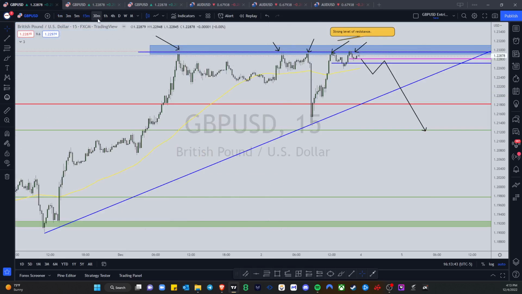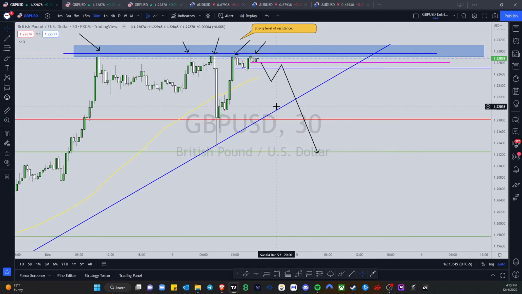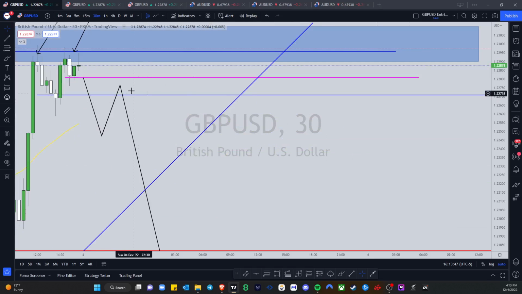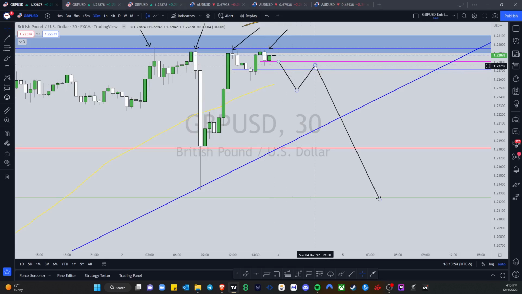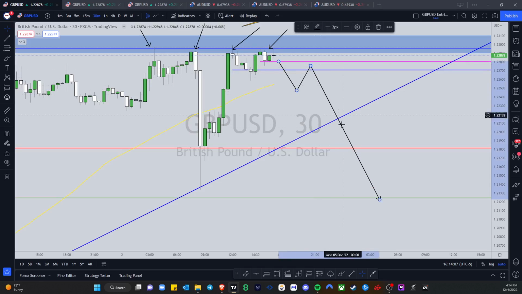So for me to consider a lower high to be a strong lower high, where I could possibly go on the lower time frame to continue that trend or counter trend, it will have to happen on H1. If I see a lower high being made on H1 and that is an uptrend, then yeah, I'll be looking for a sell on the lower time frame.